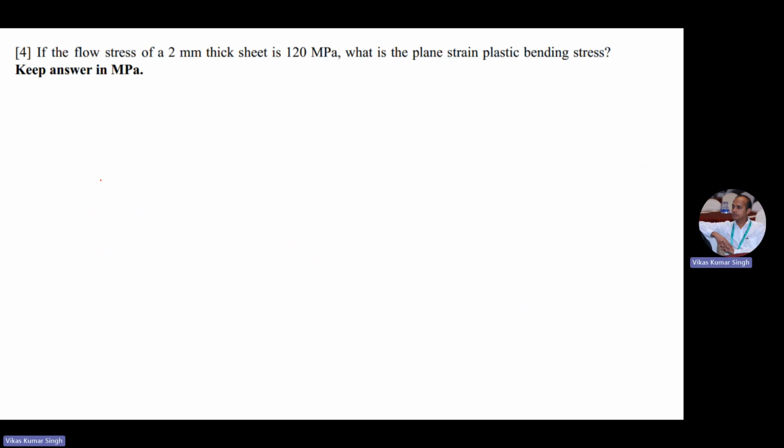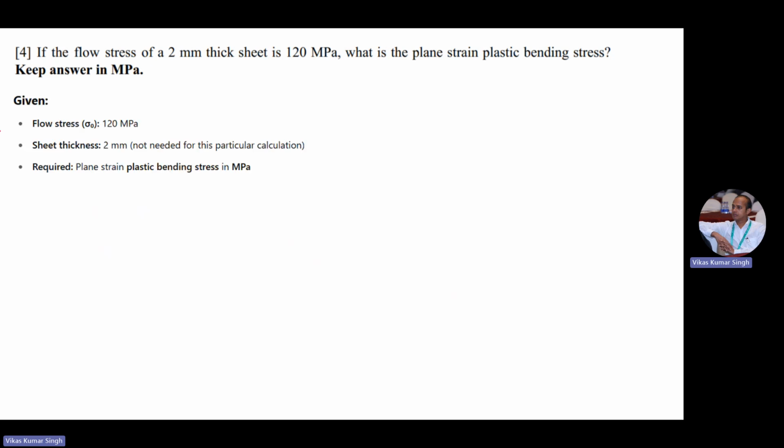Now we have the next question. If the flow stress of a 2 mm thick sheet is 120 megapascal, what is the plane strain plastic bending stress? Keep the answer in MPa.